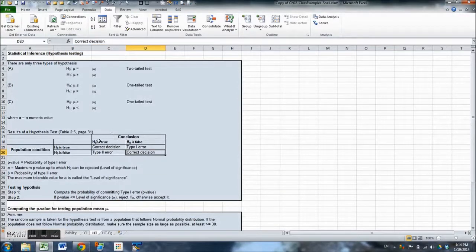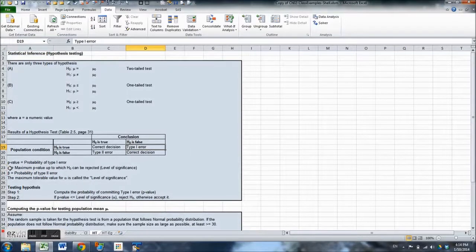But if not, for instance, if the underlying population condition is that H0 is true, but based on the sample we conclude that it is false, then we will be committing what is called type 1 error. And the probability of type 1 error is the p-value, and the probability of type 2 error is called beta error. We will be making a conclusion about the hypothesis based on the type 1 error.